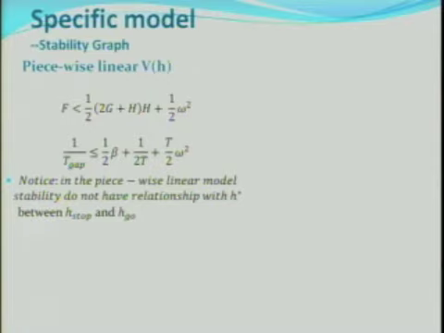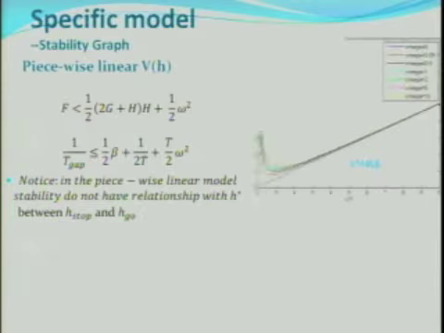Notice that in the piecewise linear model, the stability does not depend on h star between h stop and h go. You can see in this graph, as omega decreases and approaches 0, the region for stability decreases.